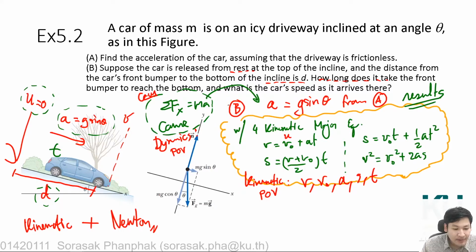So now let's move to what it's asking for: how long does it take to move here, and what is the speed when it arrived there. You need to determine the time for the first step, and the second step is about the terminal velocity.